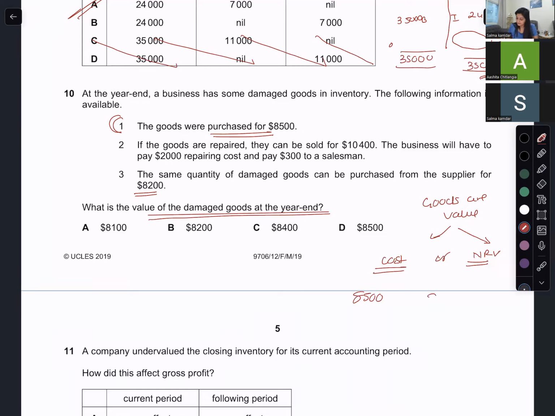The value after estimated expenses: selling price minus estimated expenses to sell. What is the estimated selling price? 10,400. What is the expense to sell? 2,300. So NRV is how much?